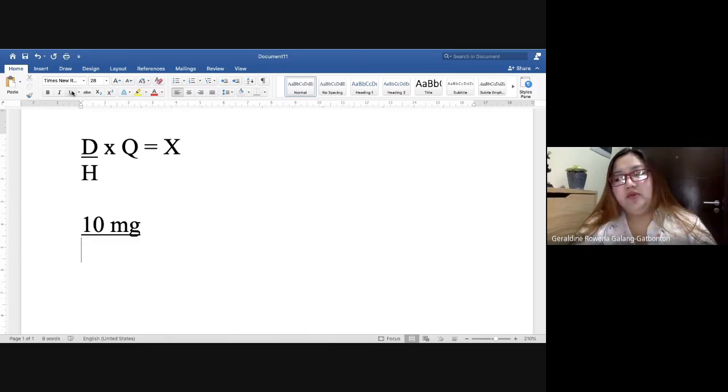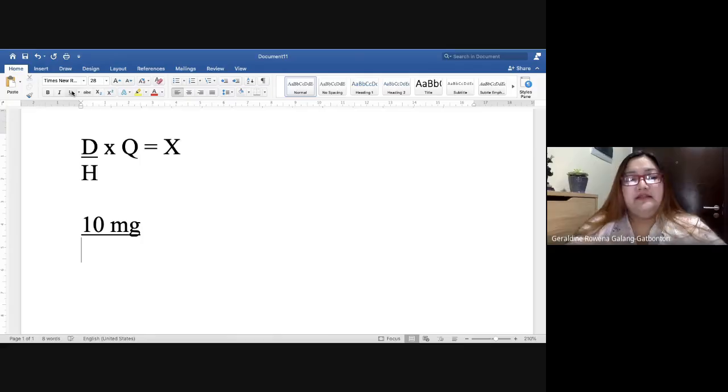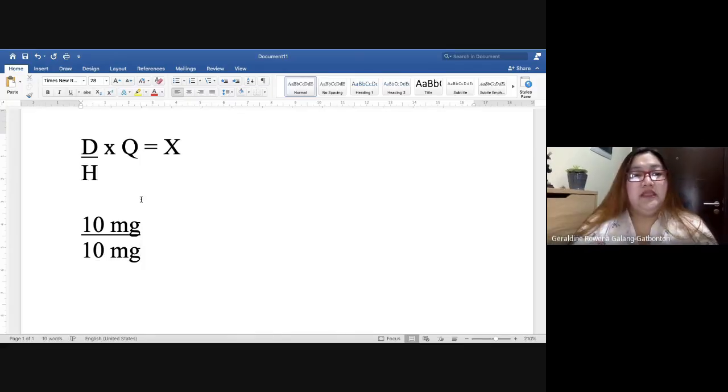So, gagamitin ko yung 10 mg per ml. So, ang aking dose on hand is also 10 mg. Okay? And what is my quantity? 10 mg per ml nakalagay. So, that is 1 ml. Okay? And it is easier kasi mas maliit yung dosages, mas madaling i-compute. So, obviously, the answer is 1 ml.